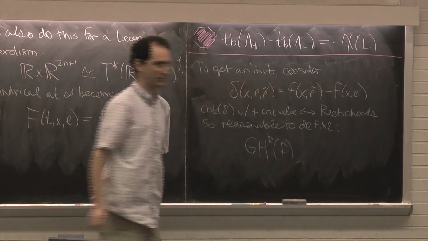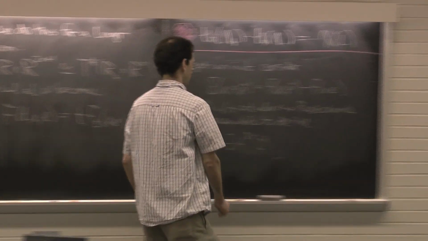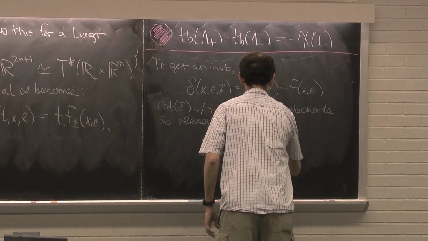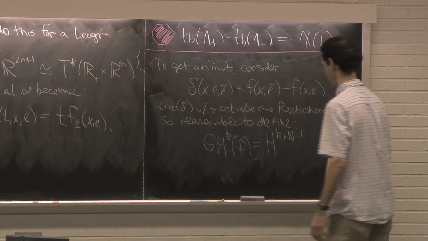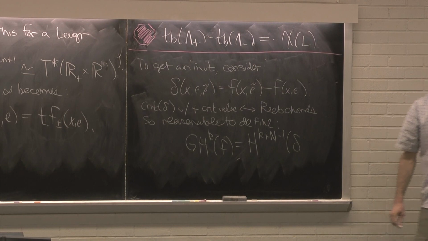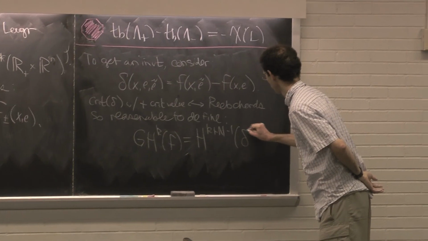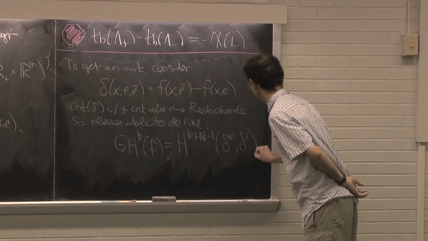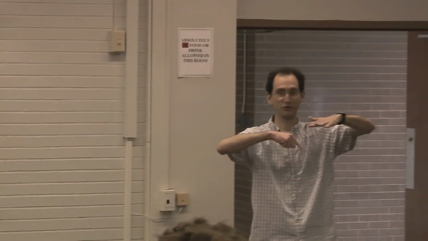I'll just write it of f because the function already encodes the Legendrian. Let that be the cohomology, with some nice little grading shift to keep things nice, of the sublevel set of the difference function way up top, relative to the sublevel set of the difference function just over 0, so there are no critical points between 0 and epsilon.